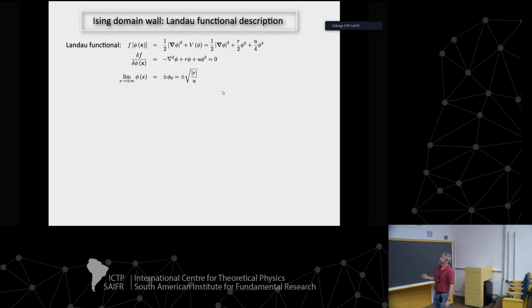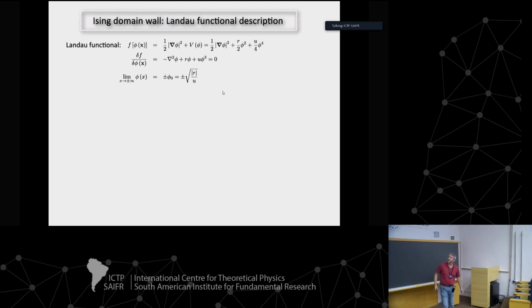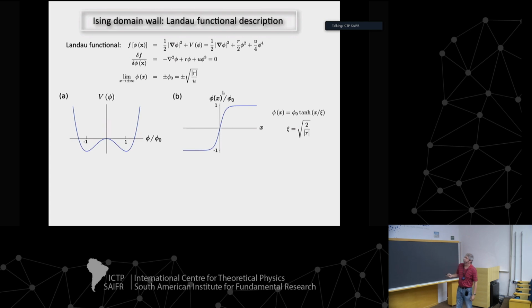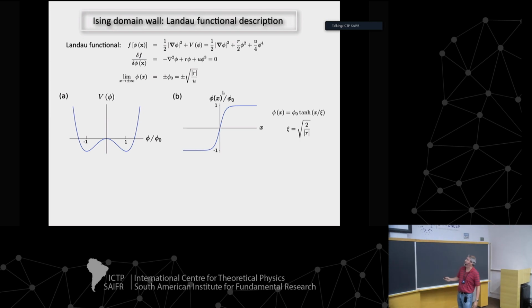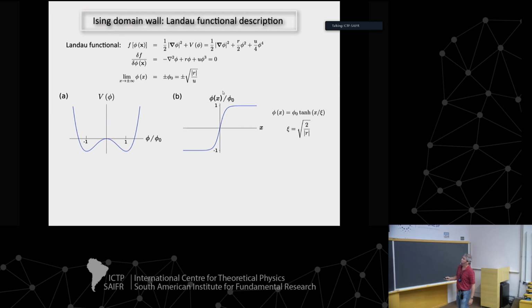Okay, so you can try to solve the domain wall profile close to the critical point, and this can be done actually analytically. And as you expect, it has this tanh behavior here. The width of the wall is governed by the correlation length. And of course, what's going on here is that you're going from, let's say, an up magnetization to a down magnetization. You're going from one minimum of the Landau functional to the other one.